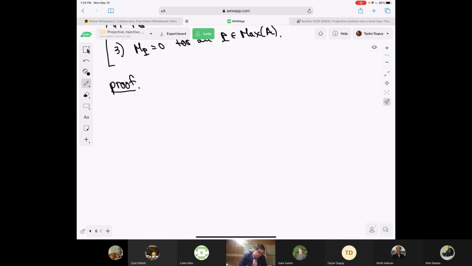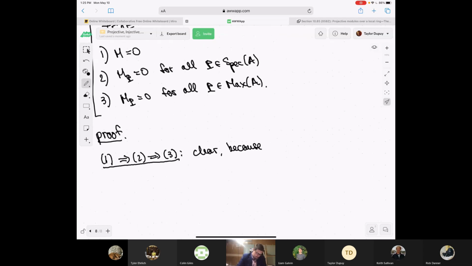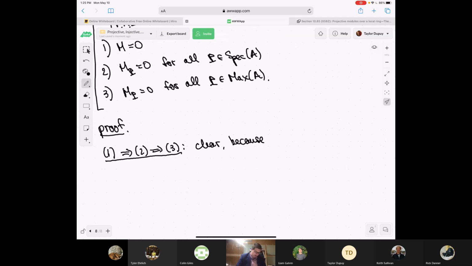Okay, so I claim that 1 implies 2 implies 3. So this is clear because, well, actually, the 0 module has to go to the 0 module under localization, right?